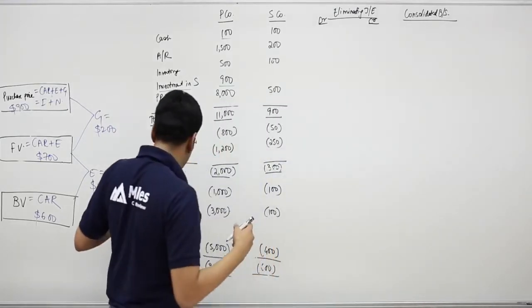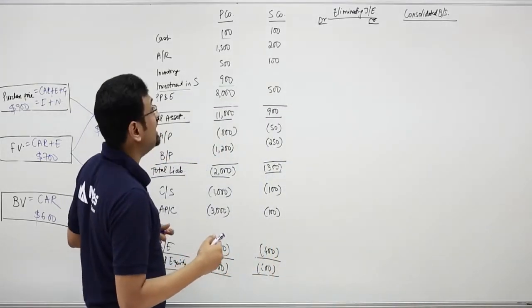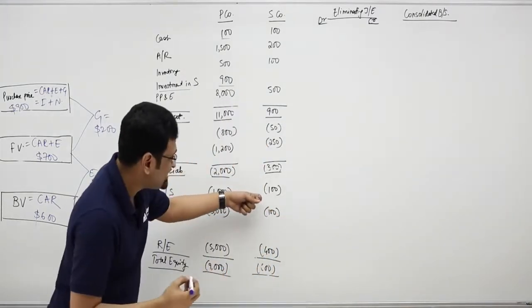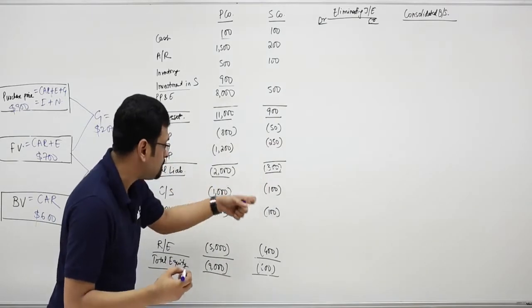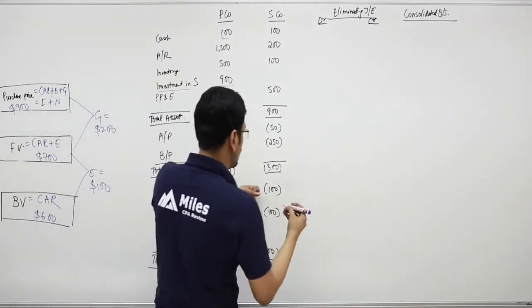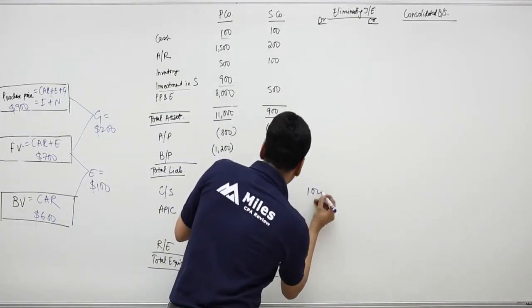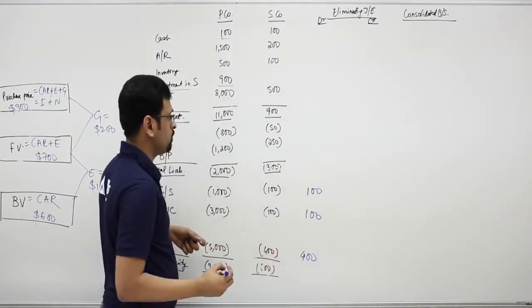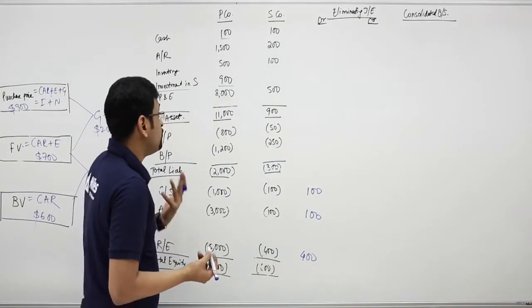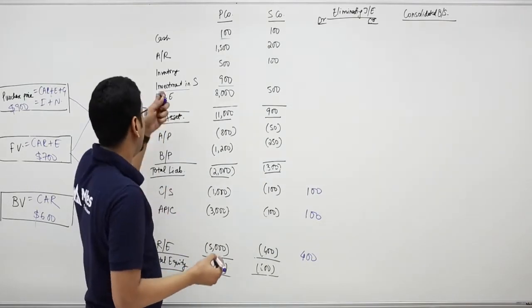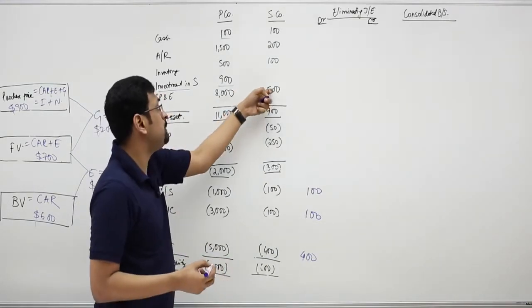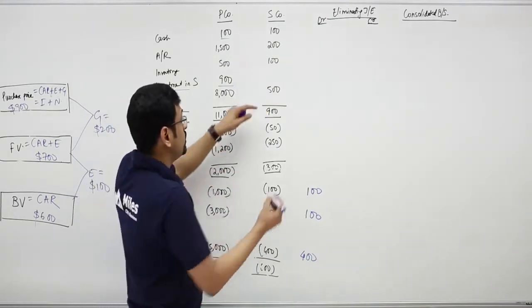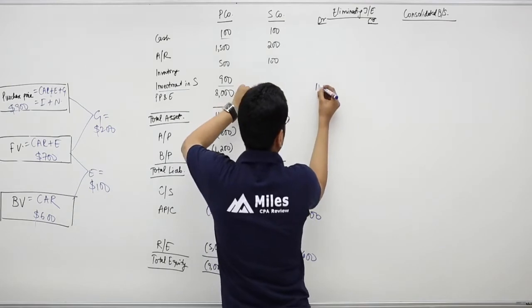So CAR, and you had debits for CA and R, which was equal to the subsidiary's common stock, subsidiary's APIC, subsidiary's retained earnings. So you're going to have $100 debit here, 100 debit here, and a 400 debit here. And then you have an excess fair value. What's the excess fair value for? That's for the PP&E. The sub's PP&E, which is at $500 on their books, is actually worth $600. So you're going to do plus 100 on this.